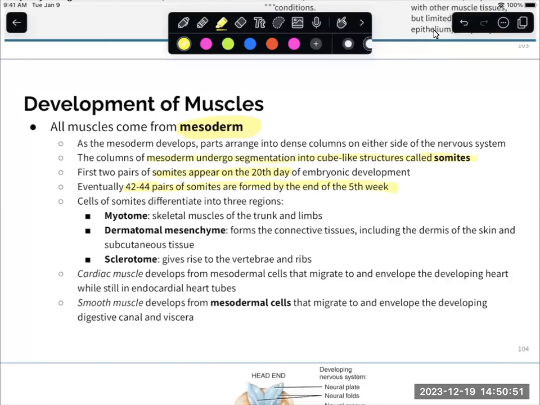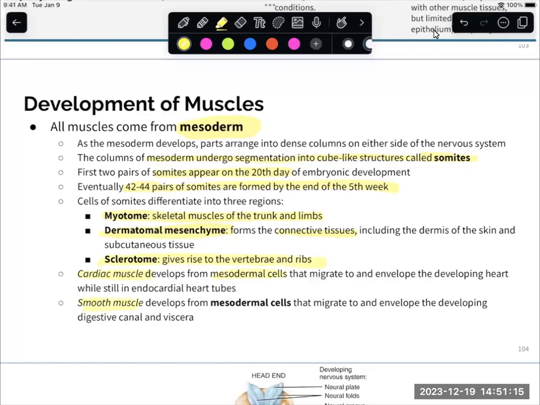Those somites are going to create a myotome, which is the skeletal muscle of the trunk and limbs, dermatomal mesenchyme, which is that connective tissue, and then a sclerotome, which is going to give rise to the vertebrae and the ribs. Cardiac muscle also comes from that mesoderm.